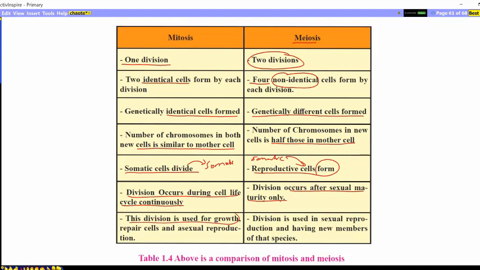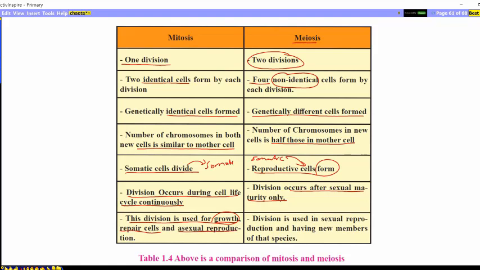Mitosis is used for growth, because we know 1 cell comes from another cell by means of cell division. As the number of cells increases by division, the organism grows. It also repairs cells, such as broken bones and scars in skin, which are all repaired by forming new cells by mitosis.